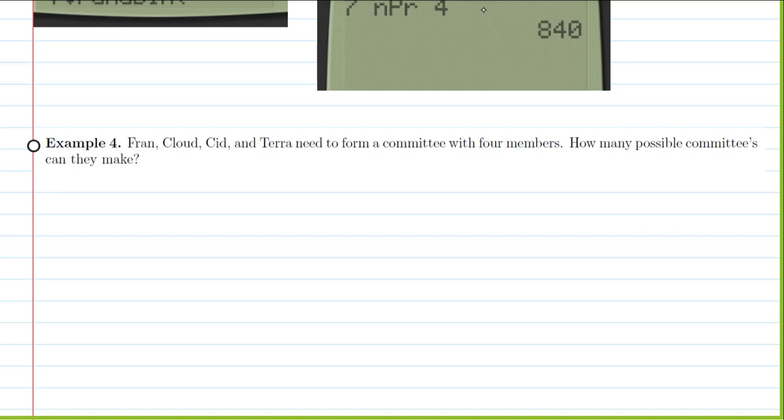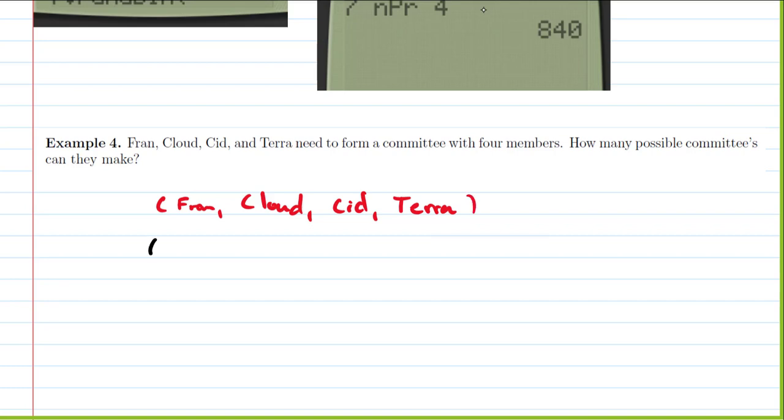Well, how many of them are there? 4. And they need how many people on the committee? 4. So how many committees could they make out of 4 people? 1. So we're only going to have one possible committee. And what is that? It's going to be Fran, Cloud, Sid, and Tara.